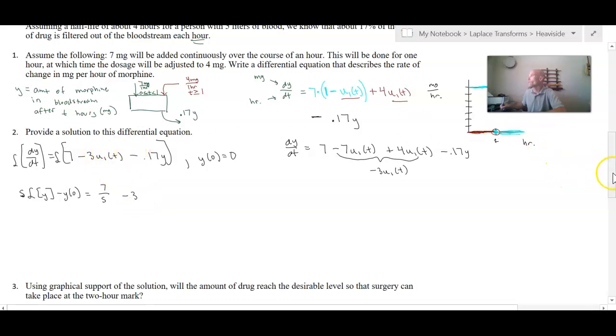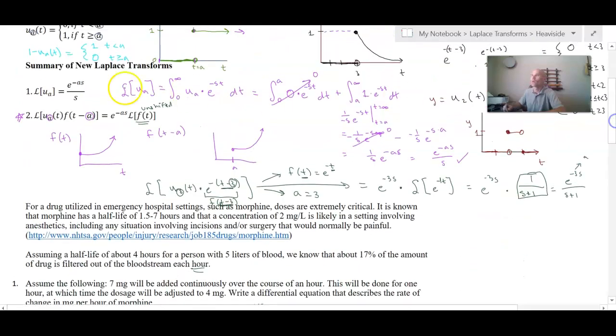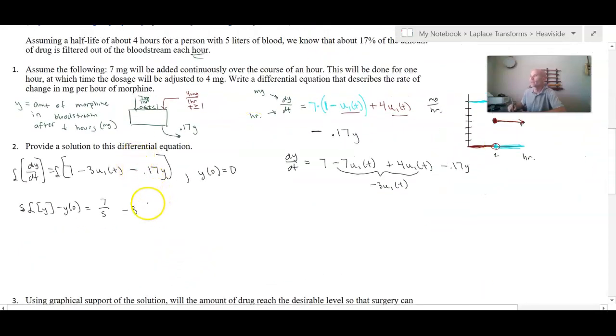Wait a minute, what's the Laplace of u1? Oh, the Laplace of u1 will be e to the negative 1s over s. Perfect, e to the negative s over s. And then the Laplace of y we can't find because we don't yet know what y is. It's some function of time, so we just write it as the Laplace of y.